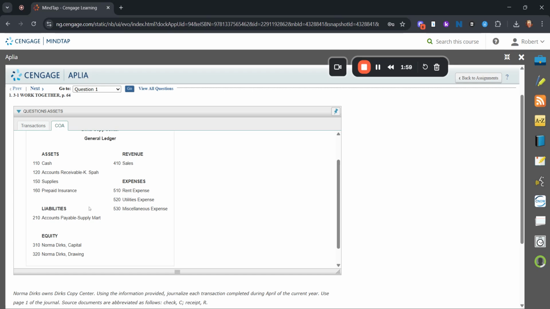And the other thing to notice on the chart of accounts is our different types of accounts are grouped together into similar types. So all of our assets are grouped in the 100s for the account numbers. All the assets, remember, are anything of value that's owned by the company. Then the liabilities, those are the bills that the company owes. Those are always going to be in the 200s.